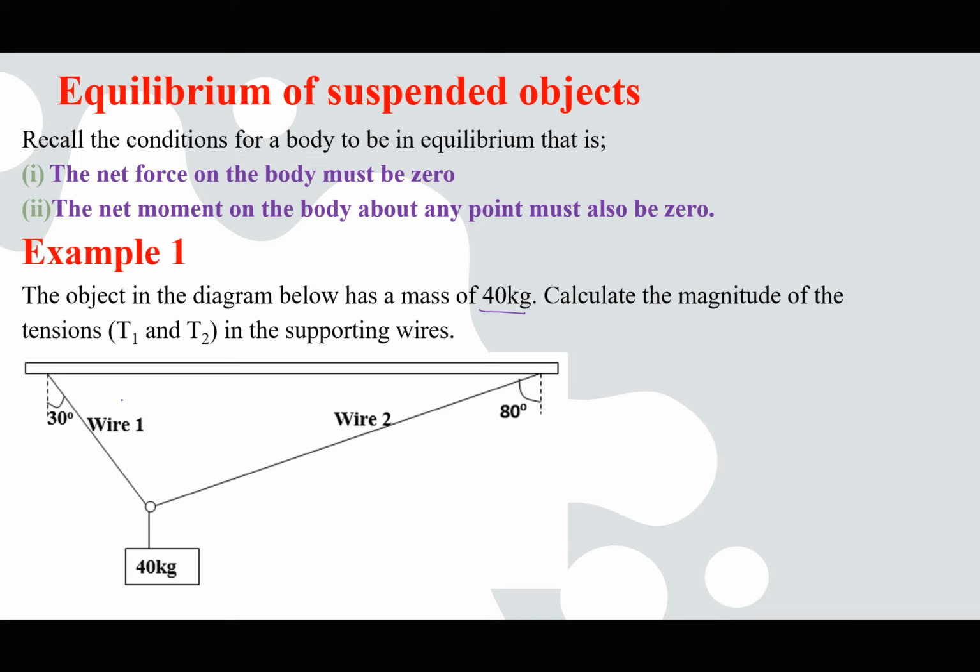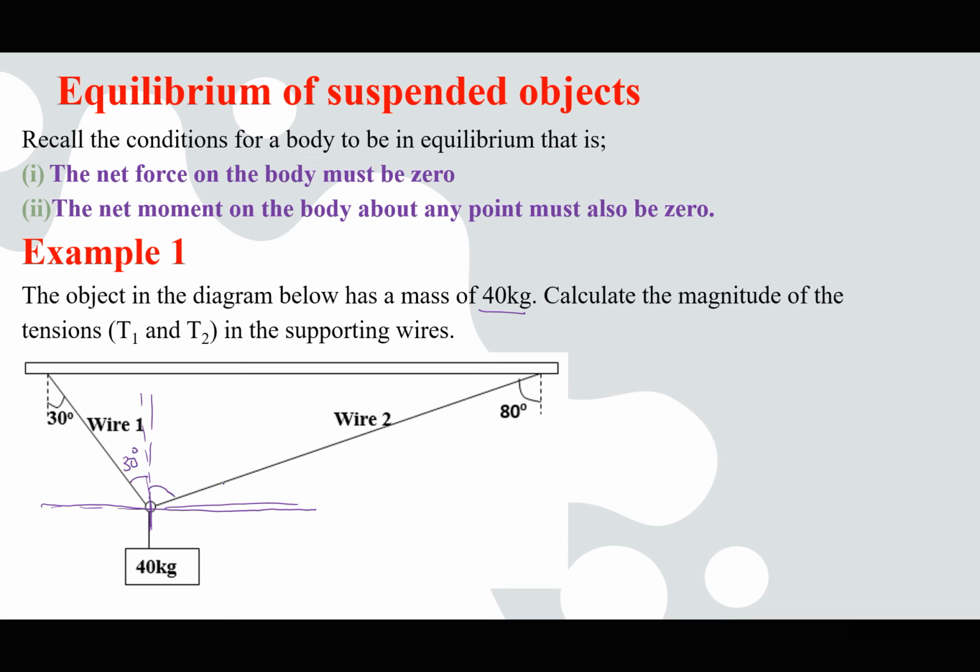So there are two things which we can do here. Many students prefer to use horizontal forces, or you can try to modify this diagram to your advantage, either drawing a horizontal line or drawing a vertical line. So if I draw a vertical line, this angle is also going to be 30 degrees.